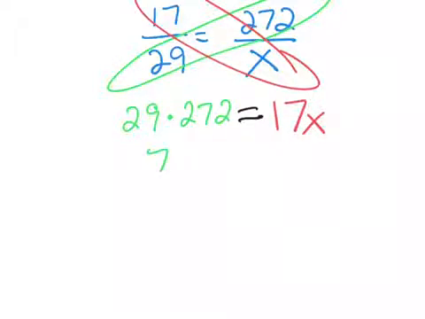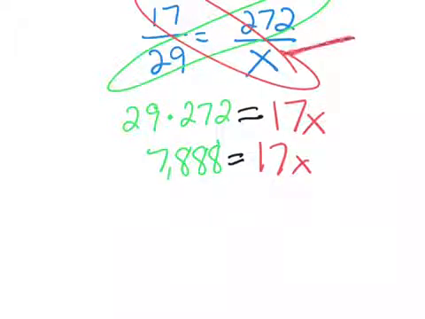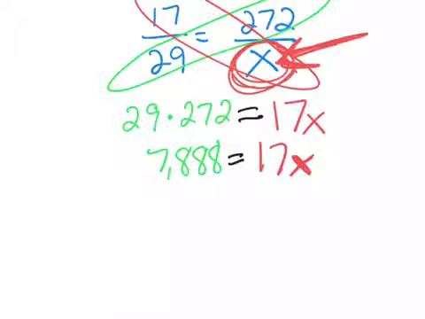All right, so 29 times 272 is 7,888, which is going to be equal to 17 times our mystery number that we're searching for. So 17 times something is going to be equal to 7,888. My goal here is to get X by himself, because up here in the problem, X is by himself. Because this is 17 times X, I'm going to reverse it by dividing by 17.